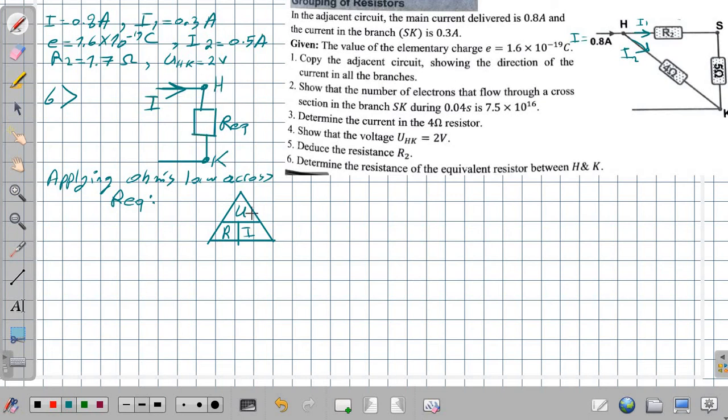The voltage is HK, the terminals of this R equivalent, and finally we will write down the R equivalent. وبما انه حنحسبها لل R equivalent حنخبيها لل R equivalent هيطلع معي ال UHK over the main current. ودائما بنستعمل هالطريقة تطلع لي ال R equivalent بسهولة. So R equivalent is equal 2 over the main current 0.8 هيطلع معي R equivalent is equal 2.5 ohm. So R equivalent equal 2.5 ohm.